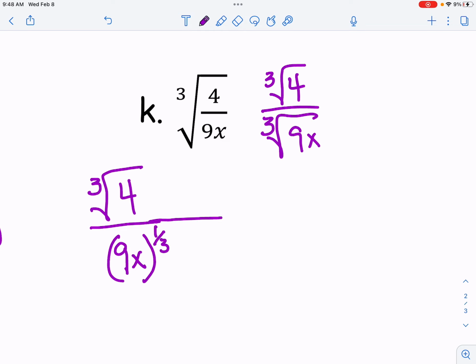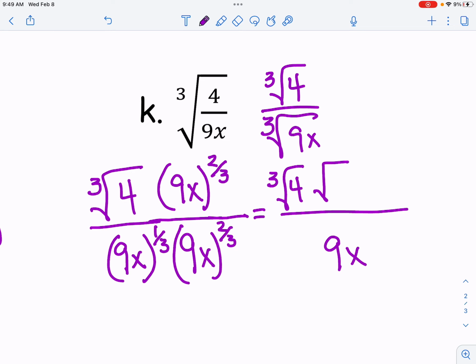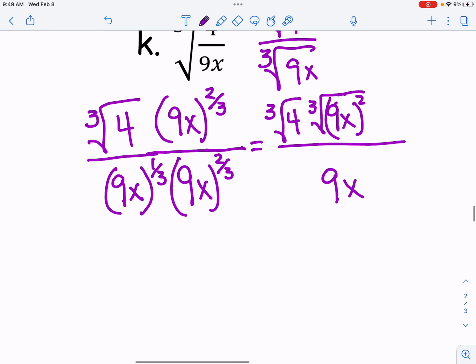I have to make that 1/3 equal to 1, so I need 2/3 more. So I'm going to multiply this by 9x to the 2/3. So on the bottom, I'm going to end up with 9x and put it back in radical form, and I get 3 cube root of 9x squared.